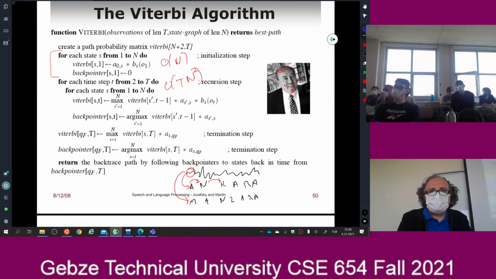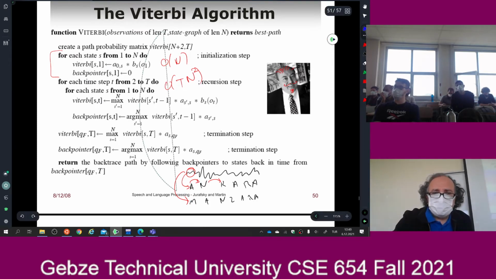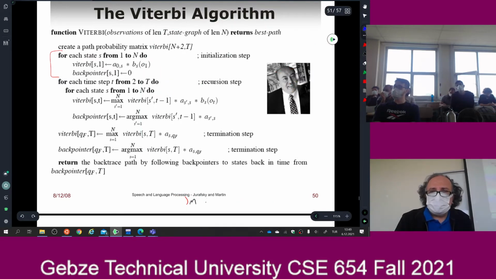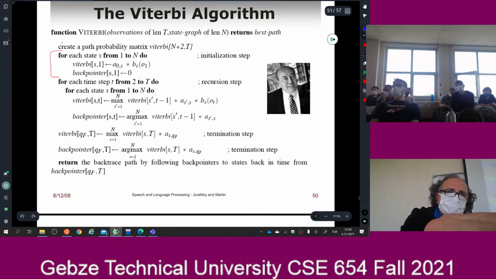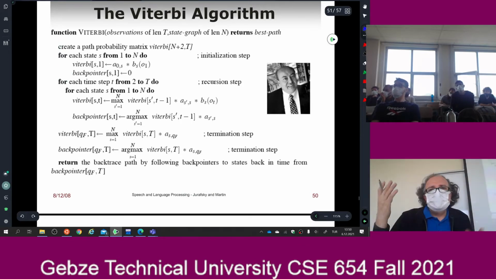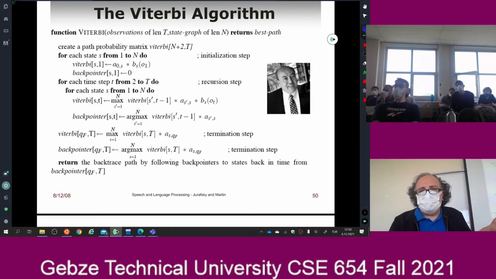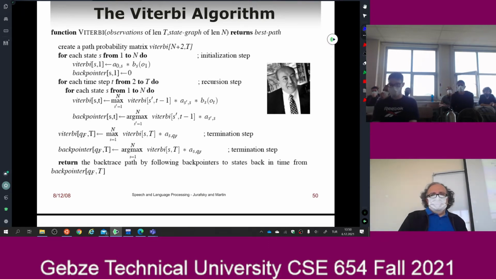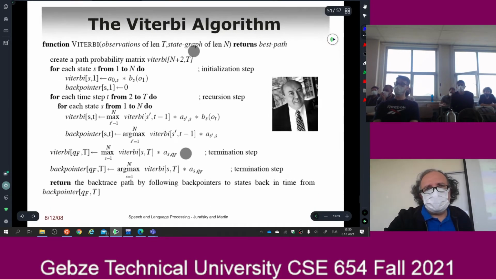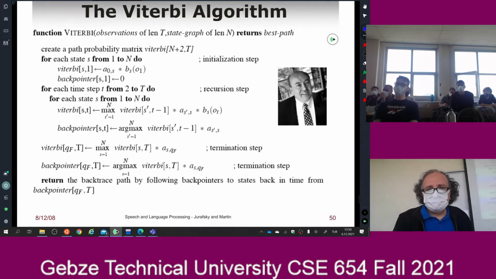So the algorithm is the Viterbi algorithm, and it's called that because the guy who invented this is, well, actually many people invented this. It's not a very complicated algorithm. So you need to give a name to this algorithm, the one that published it. Well, there are other people who published this before him. Dynamic programming is not a very difficult thing.